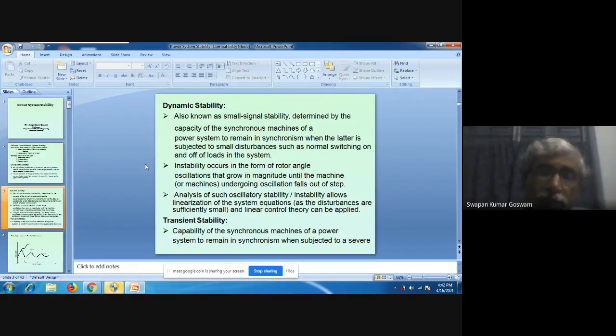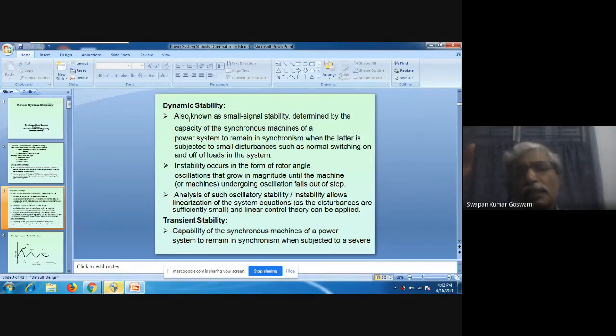So this form of instability is the dynamic instability, and this problem is called the dynamic stability problem. Because these involve small oscillations, you can linearize the system, and you have to develop a linearized model of the power system components, including the generator, the excitation system, governor, field circuit, and also different controllers.